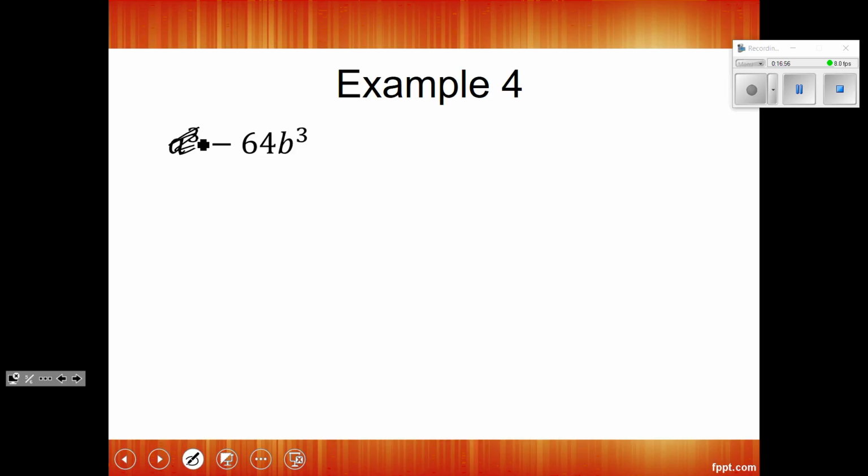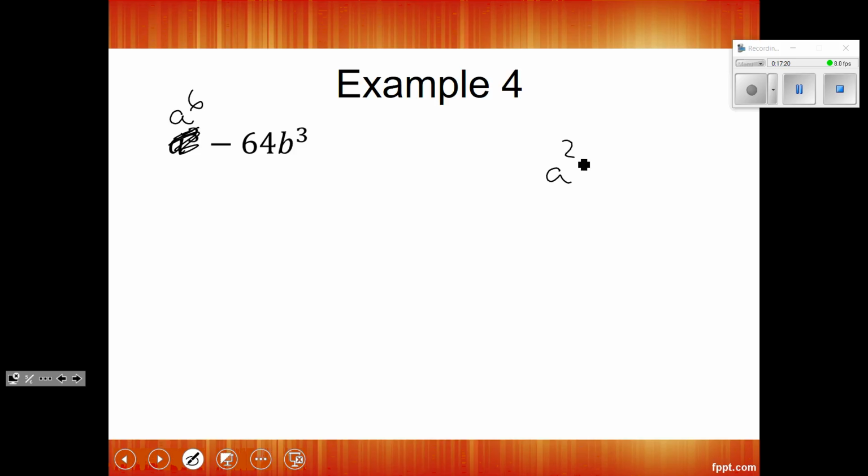And I want to change this. Let's make this a to the 6. So my question to you really quickly is, is a to the 6 a perfect cube? What number can I multiply 3 times to give me a to the 6?